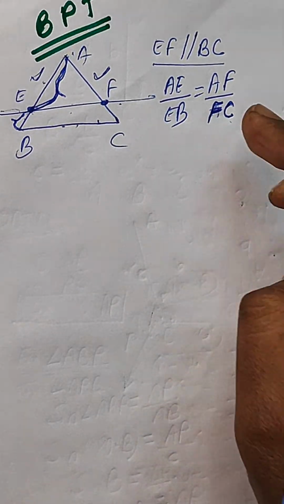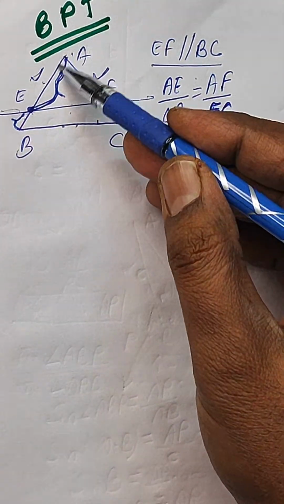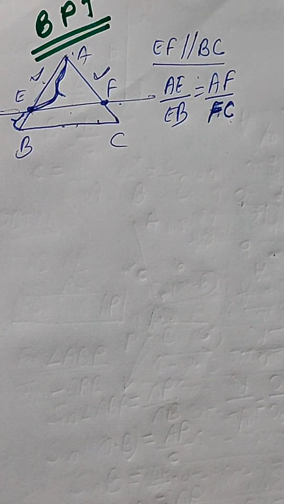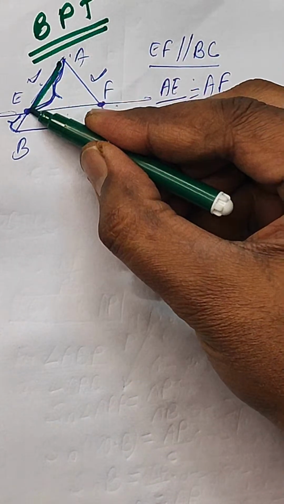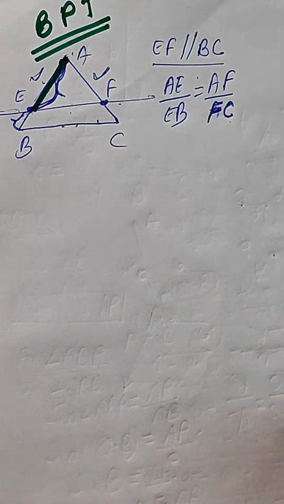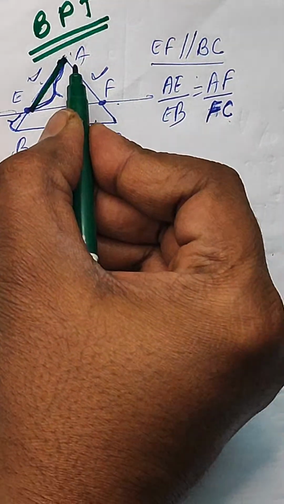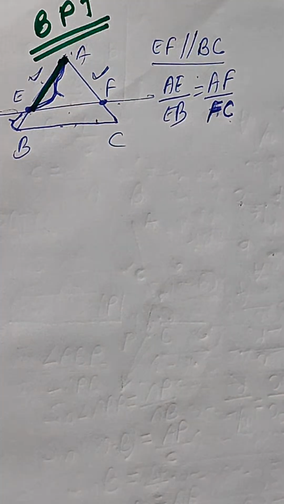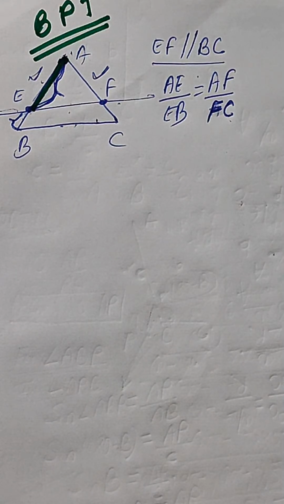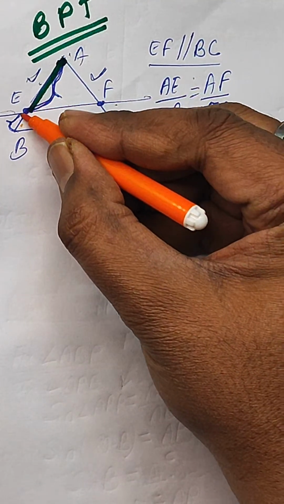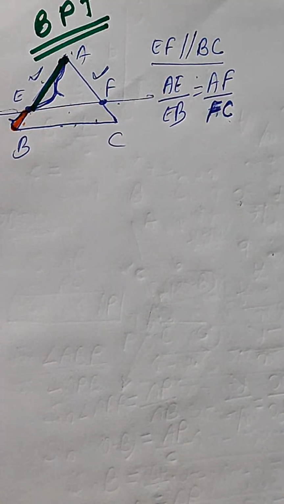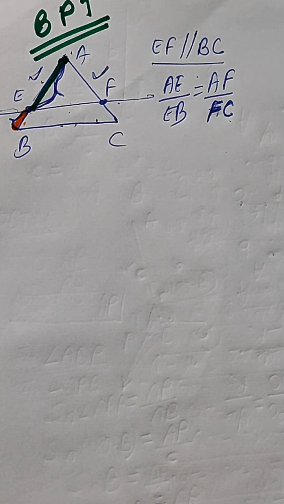I mean to say the ratio of AE to EB is equal to the ratio of AF to FC. This is the theorem. This is also known as Thales theorem, my dear friends.